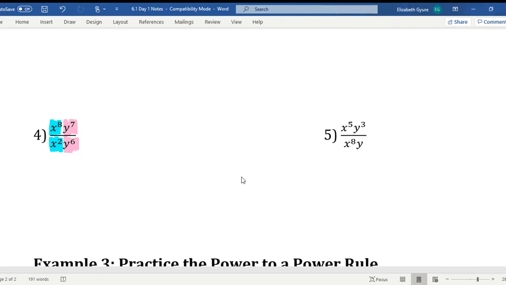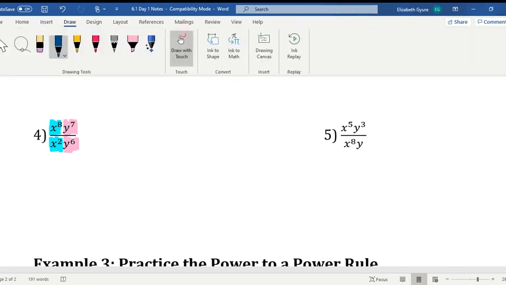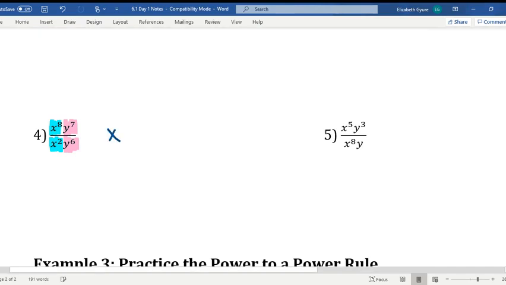The top. So where am I going to put all my leftover x's? If that's where I have more, I want them on the top. So what is 8 minus 2? 6. Exactly. So I'm going to have x to the 6th, because 8 minus 2 is 6.